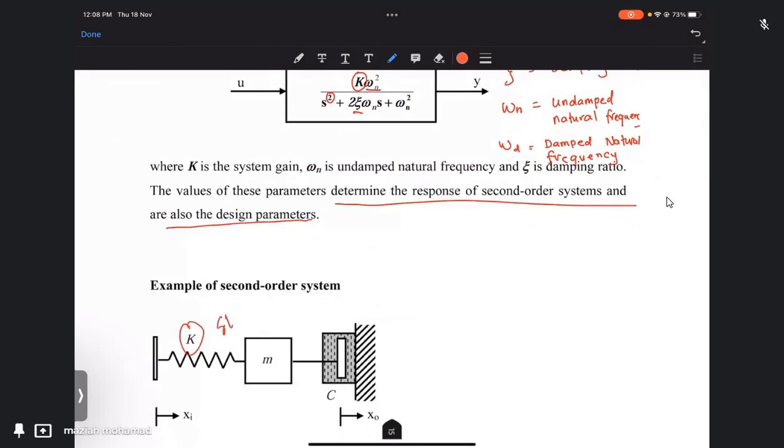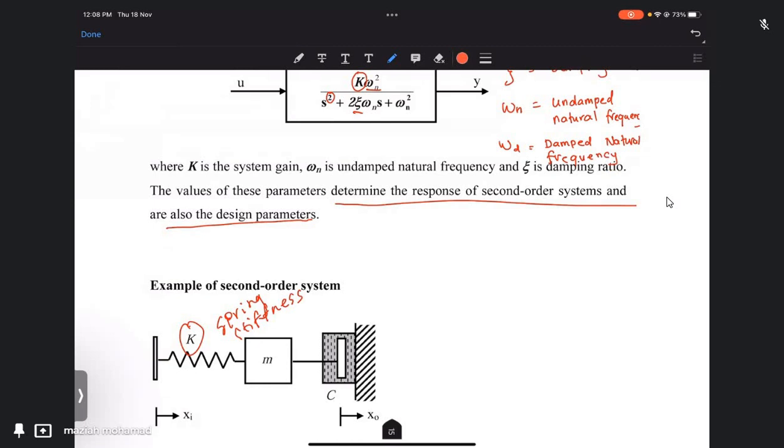There is a different k: stiffness, mass, and damper. That's what we call design parameters, because we need to choose the value for stiffness, mass, and damping coefficient. Based on k, m, and c, it will determine the value for k, zeta, and omega n.